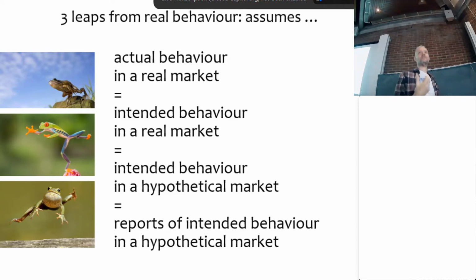First, we replace actual behavior with intended behavior. But people don't always live up to their intentions. People actually may have very distorted views of themselves. So there's a leap of faith that what people say they do is the same as what they actually do.